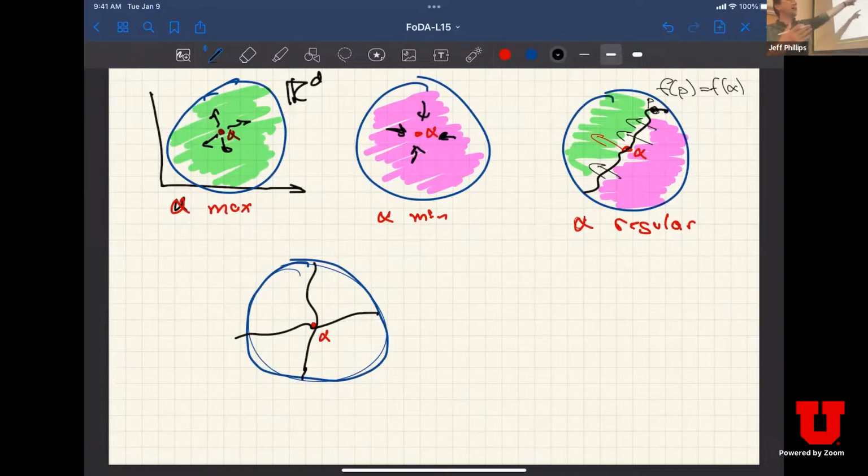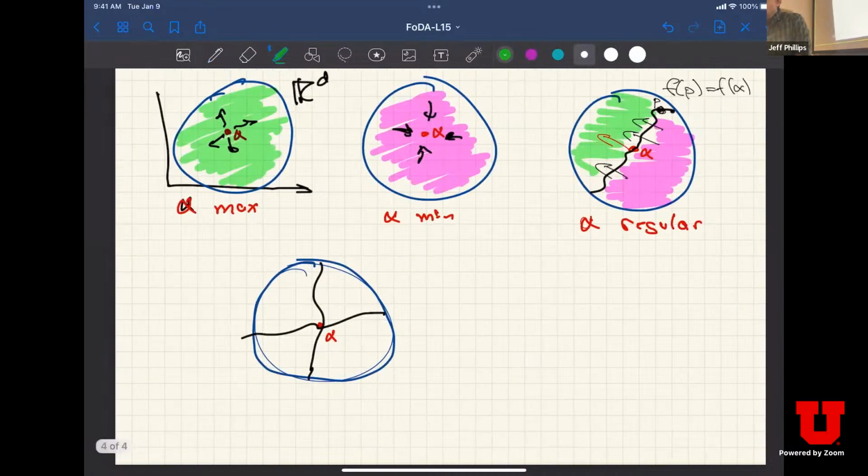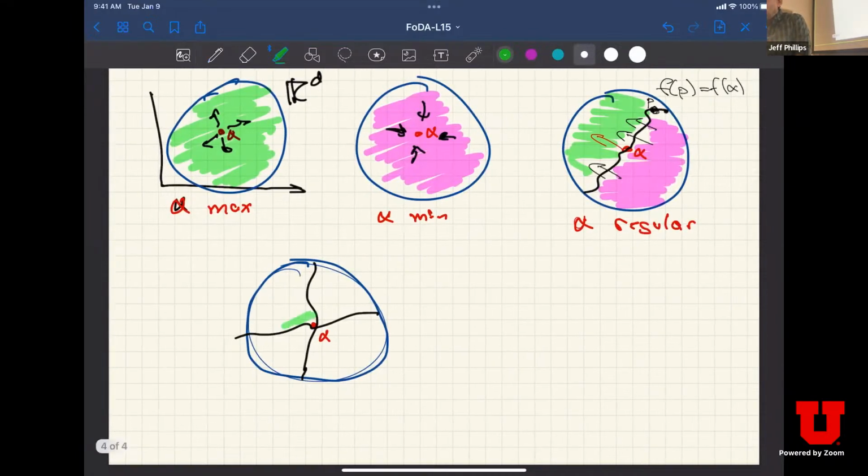And again, the black lines are where all the points have the same function value as alpha. Okay, now I have some points which are going to be below alpha, and they're going to look like this. And the points which are above alpha look like this.